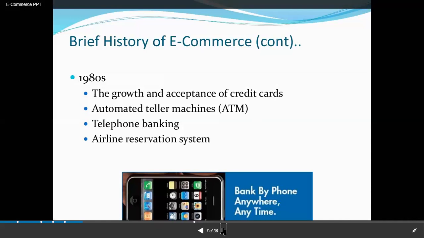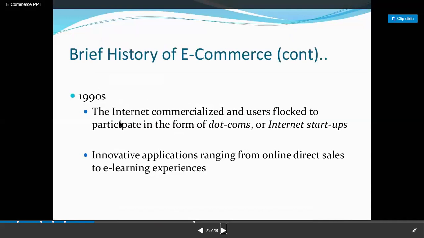Then in the 1990s, the internet was commercialized and users flocked to participate in the form of dot-coms or internet startups. Various websites were there for online direct sales and e-learning experiences. So these were all introduced in the 1990s, an innovative way of applying e-commerce, in which buying and selling was introduced.